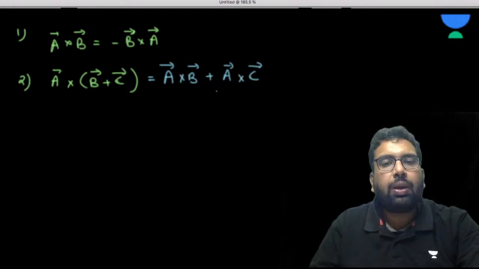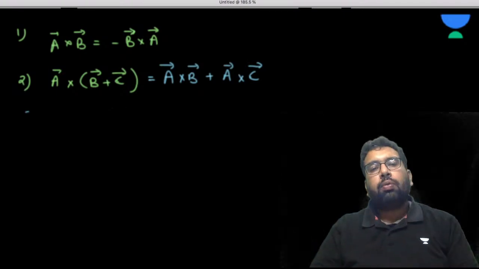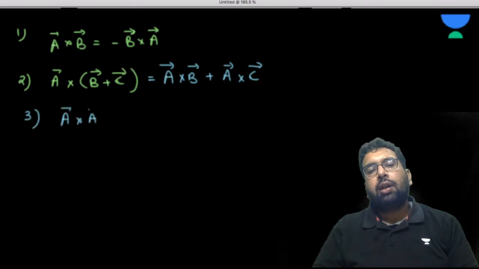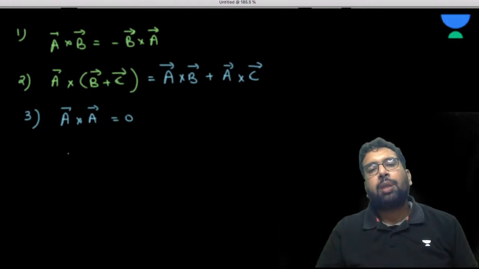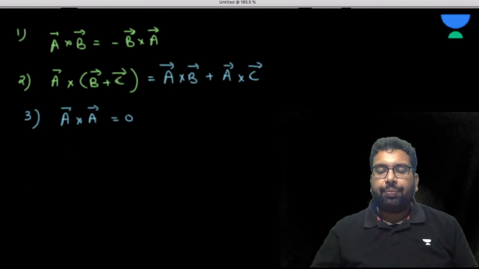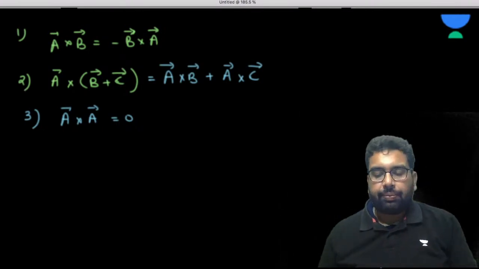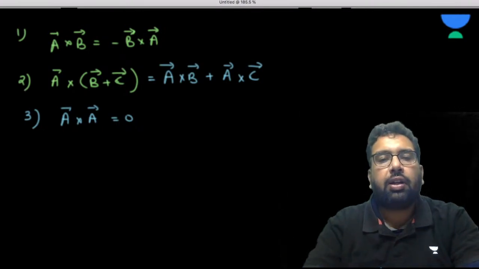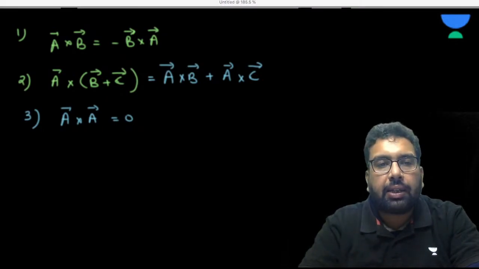But remember, you cannot reverse the order. Now the third thing was that the cross product of a vector with itself is equal to 0. This much we have done in the last session, and I hope we do not have any particular problem in this.